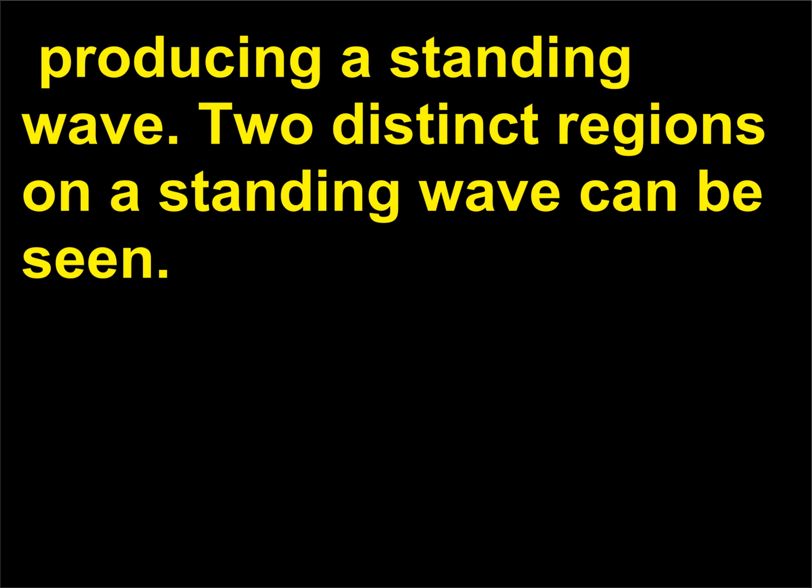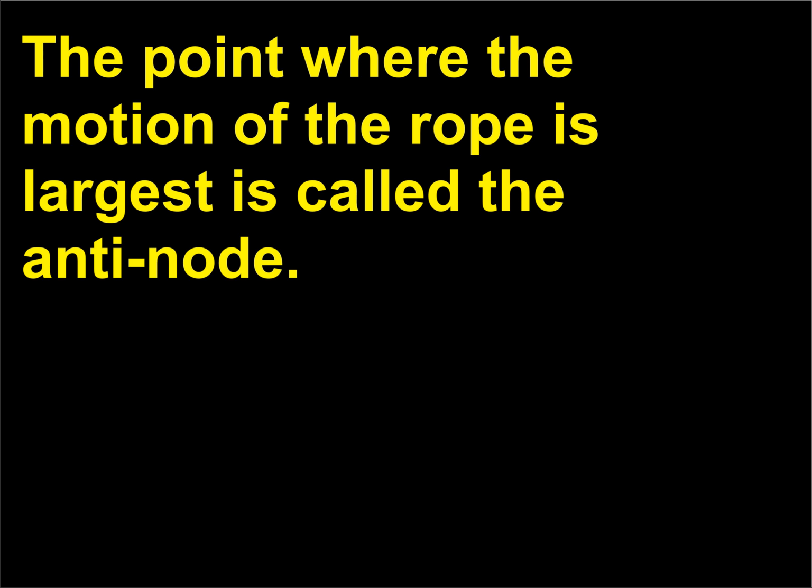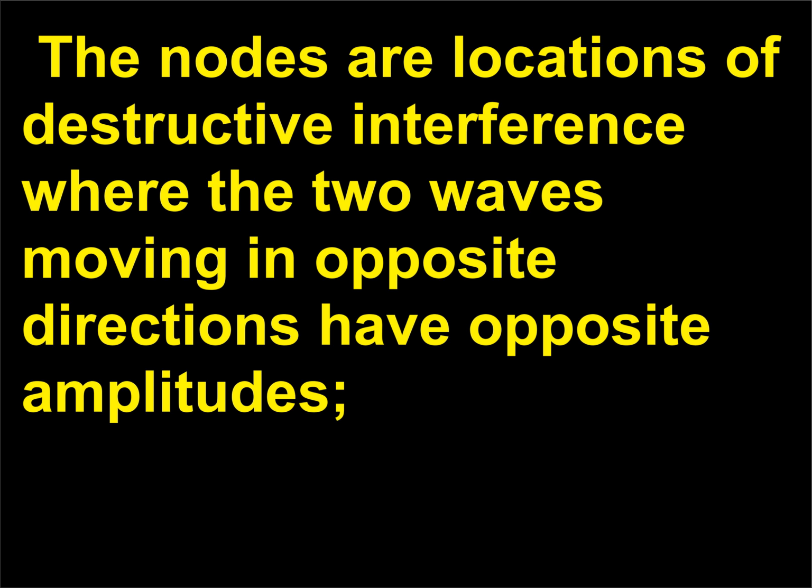producing a standing wave. Two distinct regions on a standing wave can be seen. At certain points the rope won't be moving. That point is called a node. The point where the motion of the rope is largest is called the antinode. The nodes are locations of destructive interference where the two waves moving in opposite directions have opposite amplitudes.